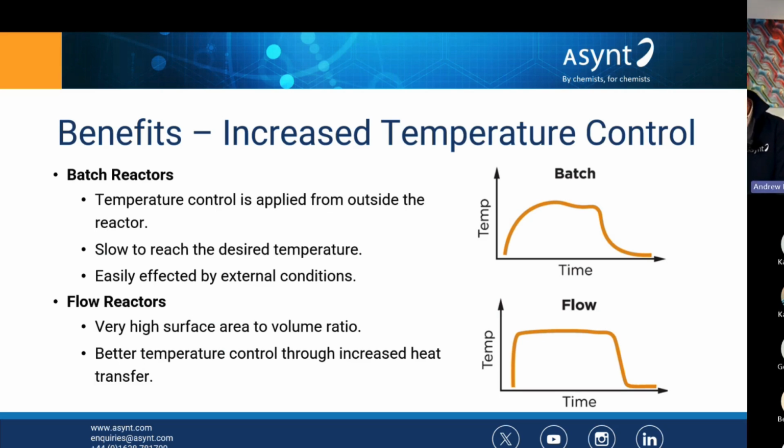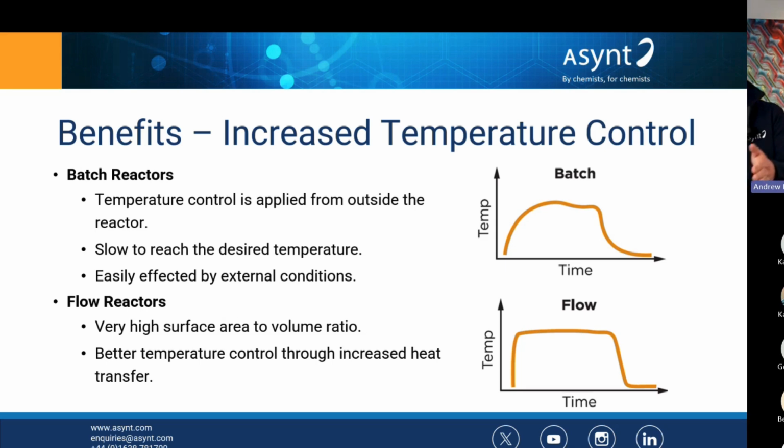If we think about temperature, when we're heating our round bottom flask or a jacketed reactor, we're heating from the outside in. Now, with small round bottom flasks, that's pretty easy to do. It's a small volume, so getting to the desired homogeneous temperatures is pretty quick.